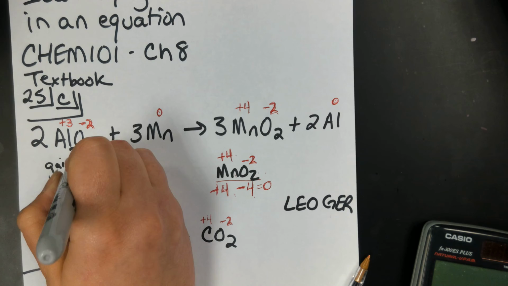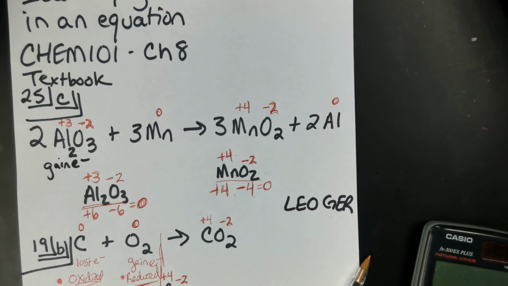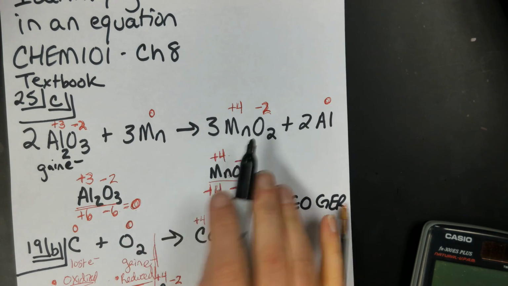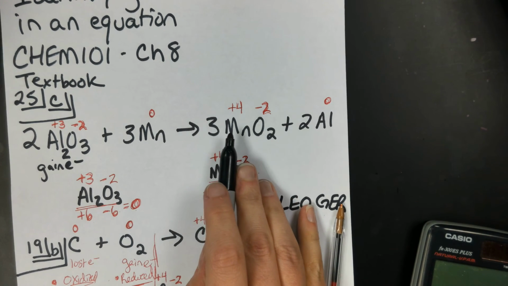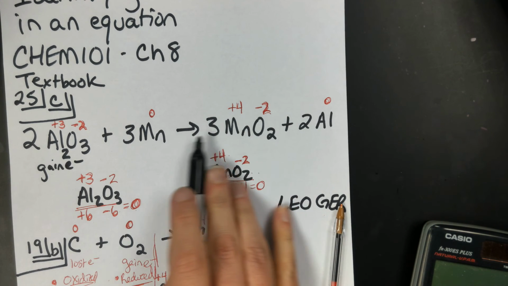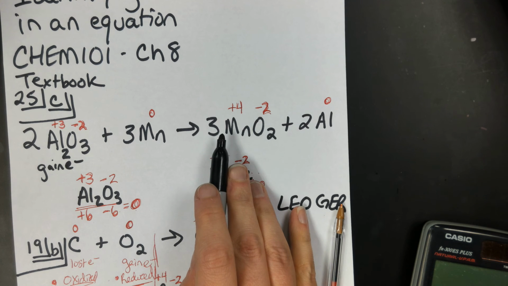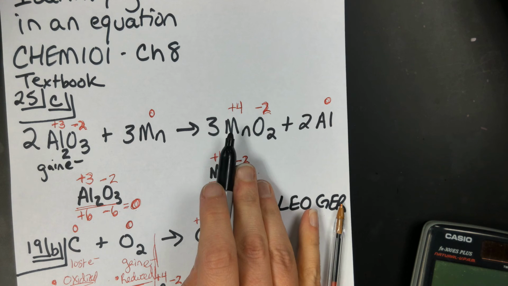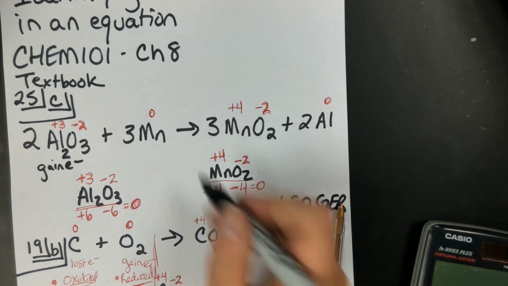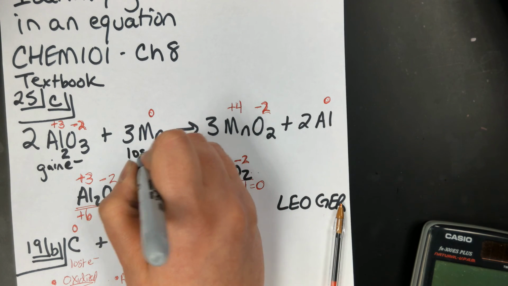How about manganese? We went from a 0 to a +4. To go from a 0 to a +4, you have to lose electrons because you're becoming more positive. Losing a negative is the same as becoming more positive. So you have to lose electrons.